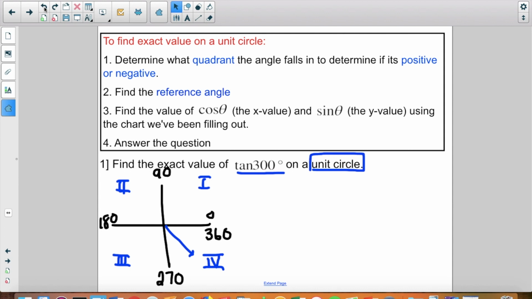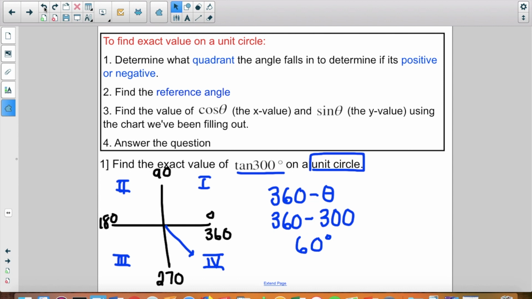Since it's in quadrant 4, to find the reference angle, if you want to refer back to how to find the reference angle, go back to lesson 1. In the 4th quadrant, we do 360 minus theta. In this case, 360 minus 300, which is 60 degrees. So 60 degrees is our reference angle.